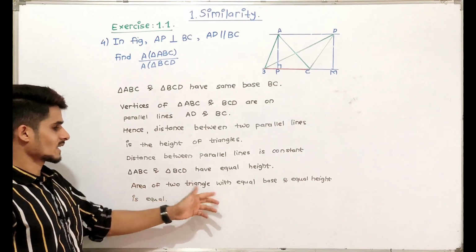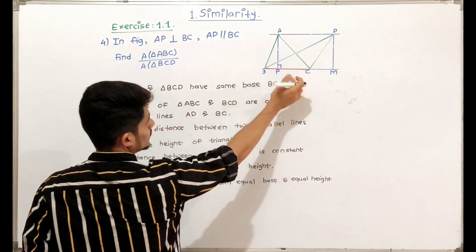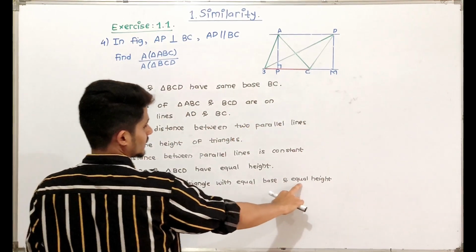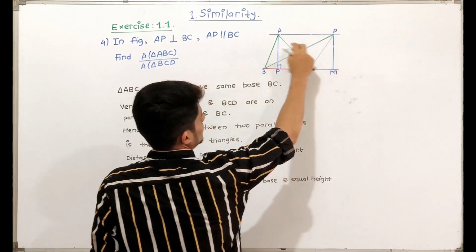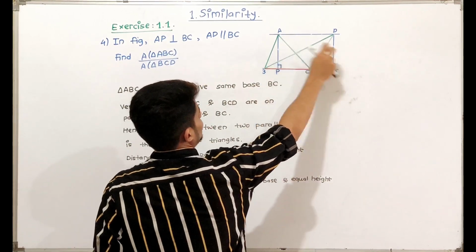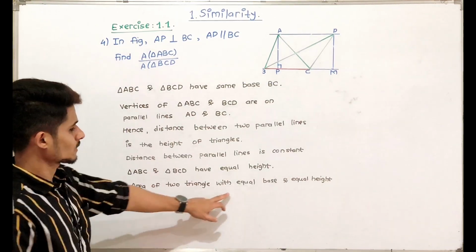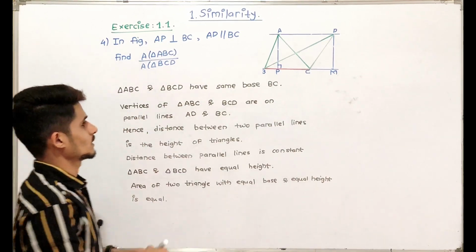Area of two triangles with equal base, that is base is common BC in both the triangles, and equal heights, because distance between two parallel lines is constant, so the heights will be equal. The area of two triangles with equal base and equal height is equal.